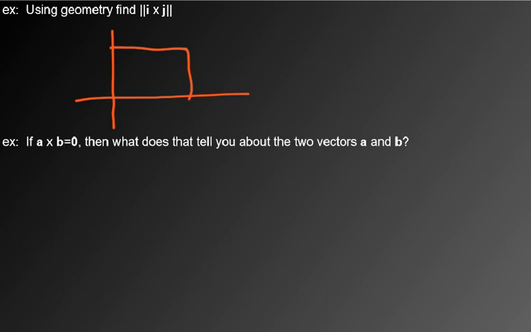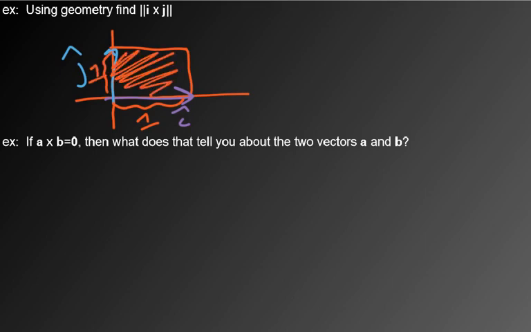I have I down here, and I have J here. We know that they are length 1, so this is a 1 by 1 rectangle right here. And so without doing any computation at all, you could just know that that should be 1.